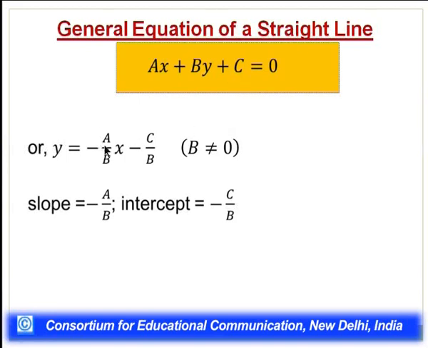This equation implies that y is equal to minus a upon b times x minus c upon b, and because this involves a division by 0 if b is 0, we impose the constraint that b is not equal to 0. You can see clearly that this is the equation of a straight line with slope equal to minus a upon b and the intercept equal to minus c upon b.